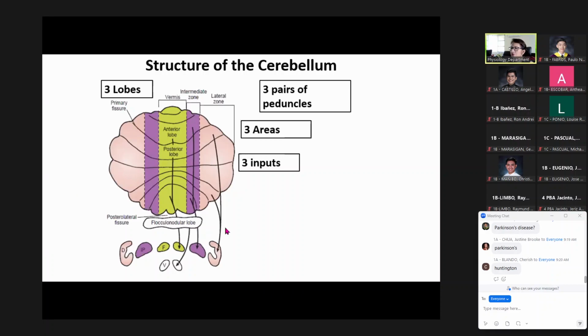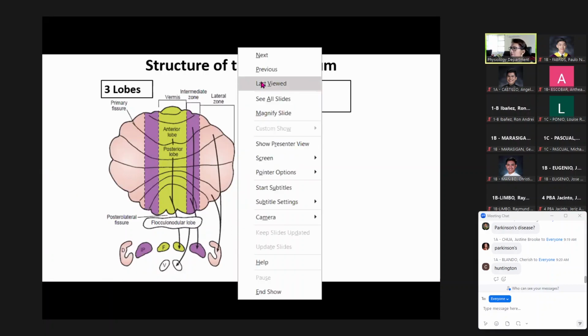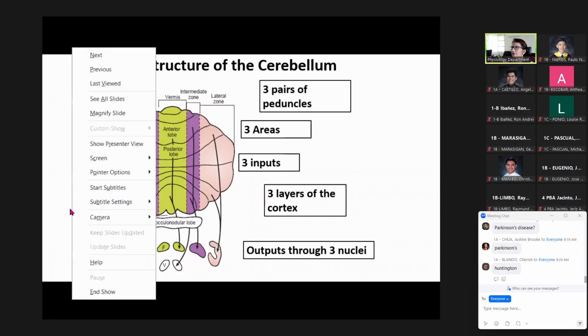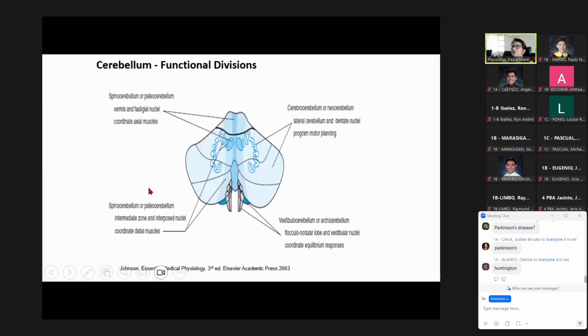There is also 3 layers of the cortex and 3 outputs through 3 nuclei. Please read all this, okay, in the assigned reading. Okay, basta puro 3 yan sa cerebellum. Functional divisions. Okay, so we have also 3 functional divisions.